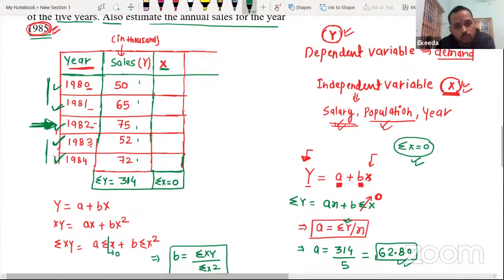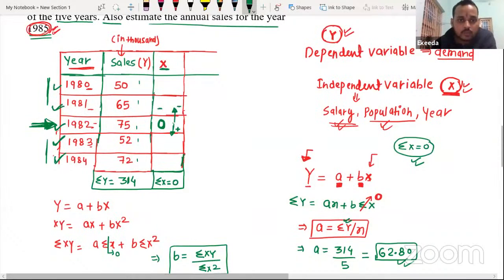So what you should do? Assign this middle data, that is 1982, as 0. Now we have two options, either we move upward or we move downward. If we move upward, then take negative sign, and if moving downward, then take positive sign.